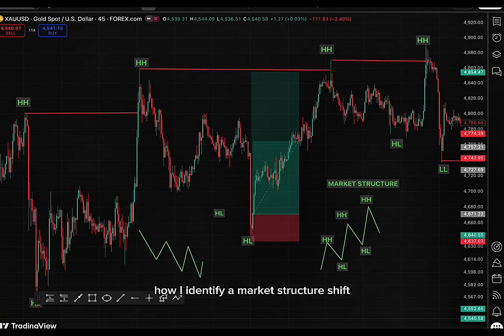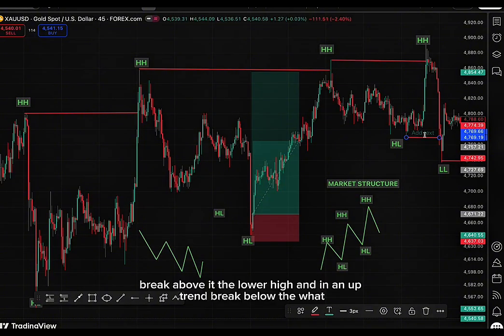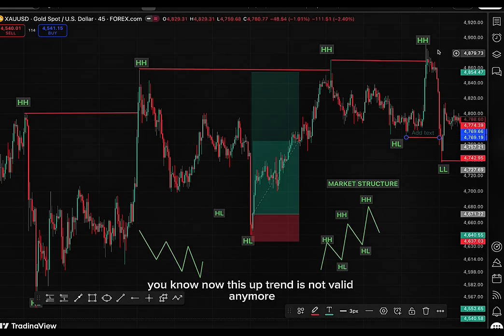How I identify a market structure shift: in an uptrend, I wait for it to break the higher low. In a downtrend, I wait for it to break the lower high. Break above it, the lower high. And in an uptrend, break below the higher low. You know now this uptrend is not valid anymore.